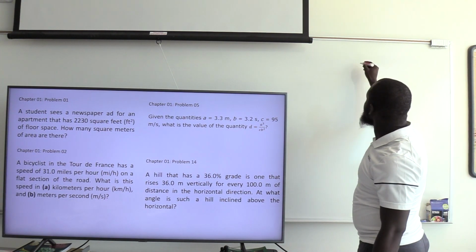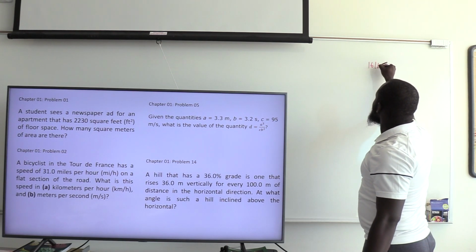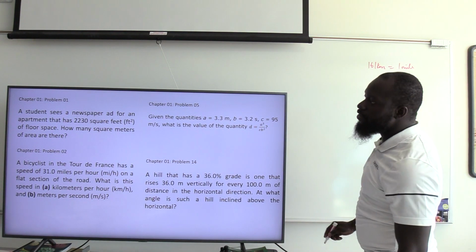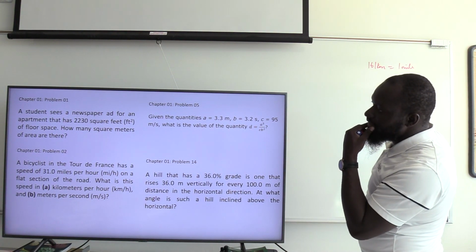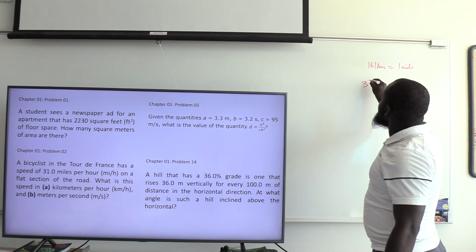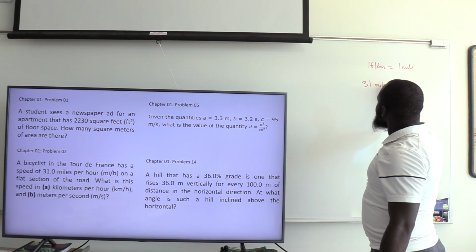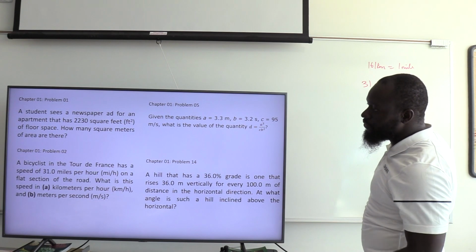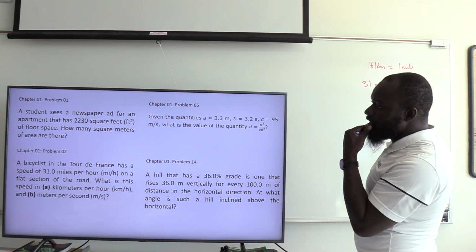1.61 kilometers equals 1 mile. So that's what I'm going to use. So I want to convert 31 miles per hour to kilometers per hour.